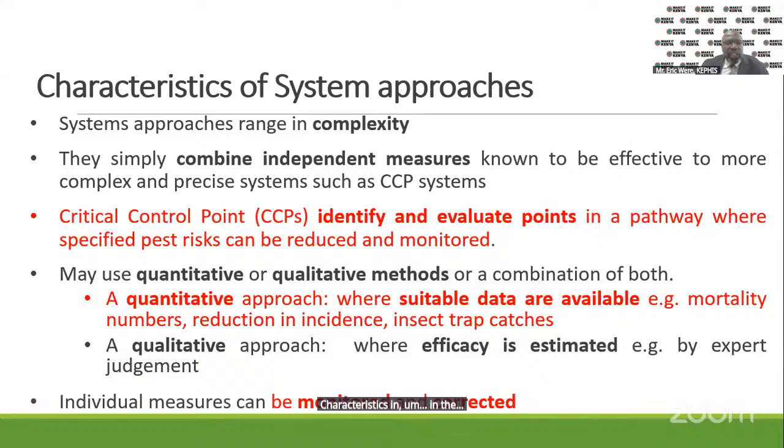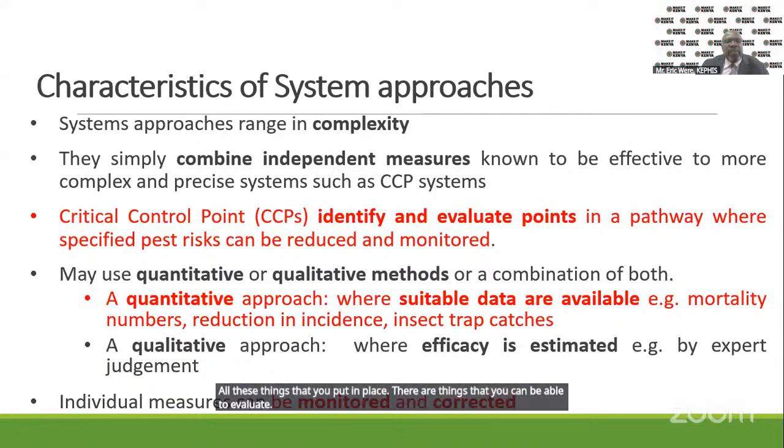system approach. Now, in a system approach, all measures that you put in place have to be monitored, and there are measures that can also be corrected. All these things that you put in place, you can evaluate individually.